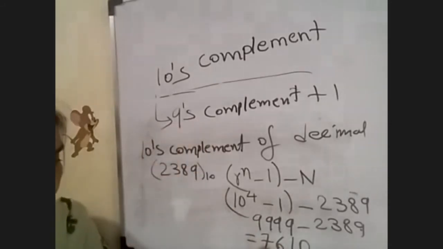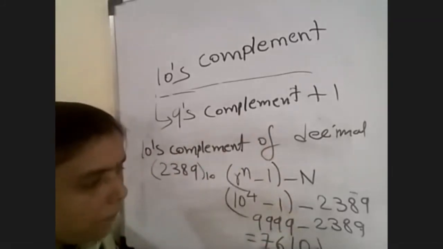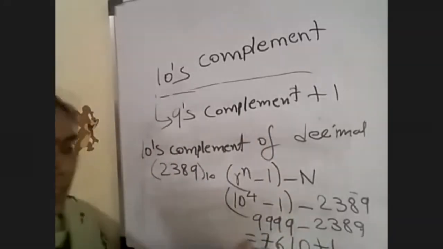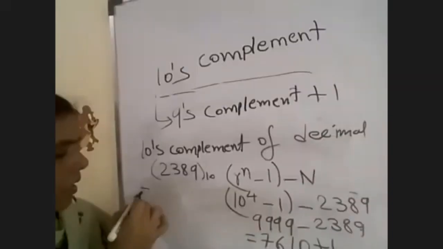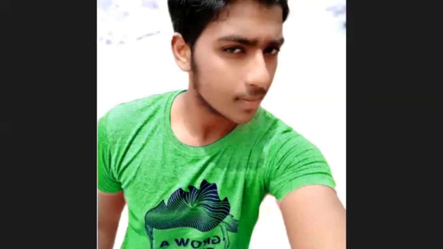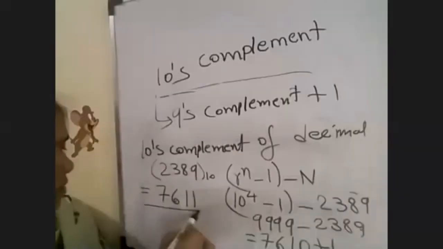For this value you add plus 1. Then the result is 7611. So this is the tens complement value.